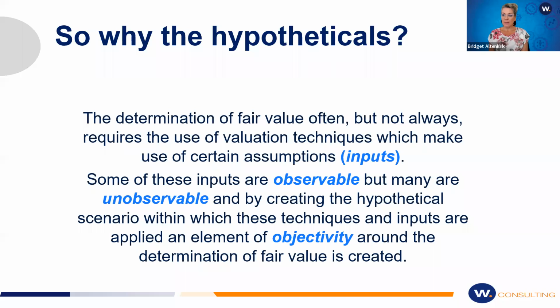And that is where there may be some unobservable inputs. In other words, inputs which are not available or observable in the market, which management is then going to need to estimate or develop to ensure that they can achieve some objectivity in the determination of that fair value, because remember, the fair value is ultimately a representation of the market value of that asset or liability.